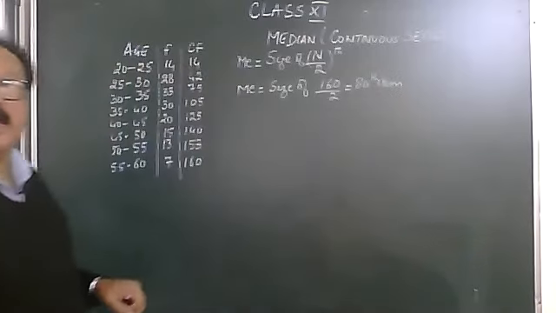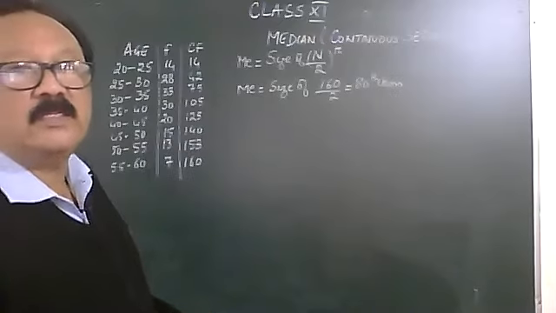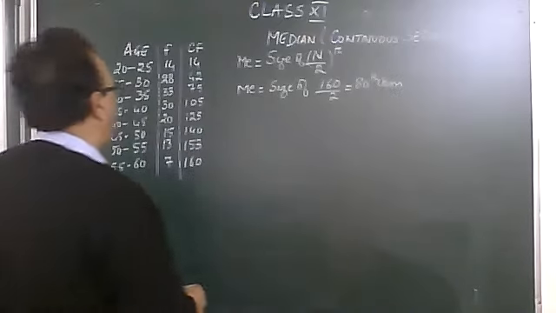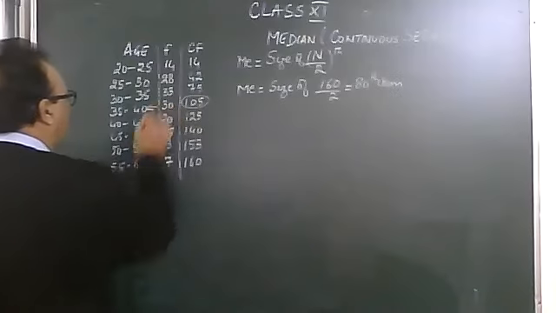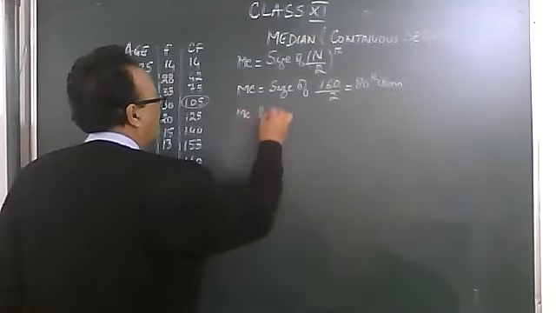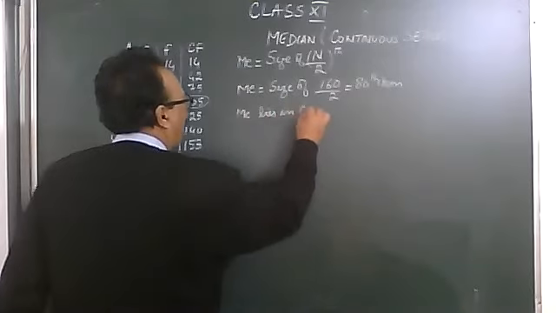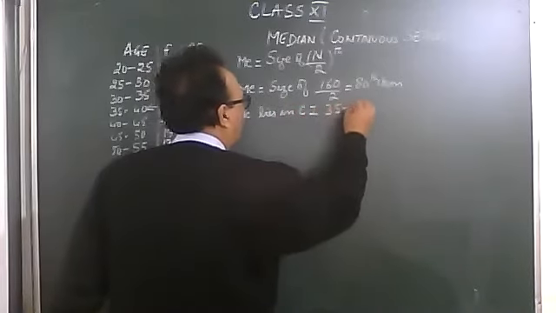Now the 80th item we will see in the CF. Where does the 80th item lie? The 80th item will lie here, pointing to class number this. So we write median lies in class interval 35 to 40.